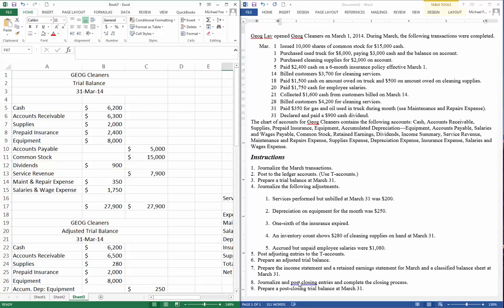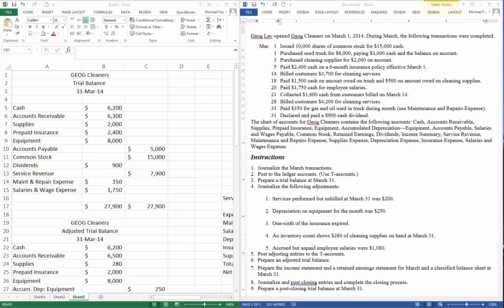Number 8 is to journalize and post closing entries and complete the closing process. Okay, so if you remember, the closing process is the process by which we take all the temporary accounts, which are the income statement accounts, and we return them back to 0 so that we can start a new month with 0 revenue, 0 expenses, and 0 dividends.